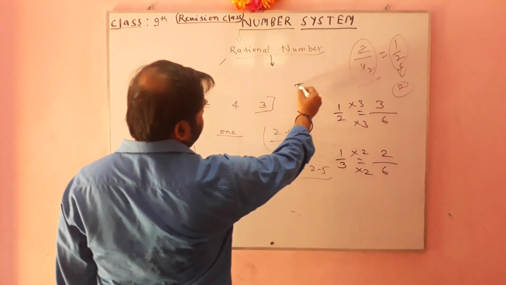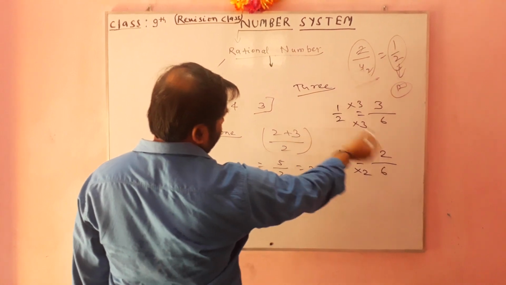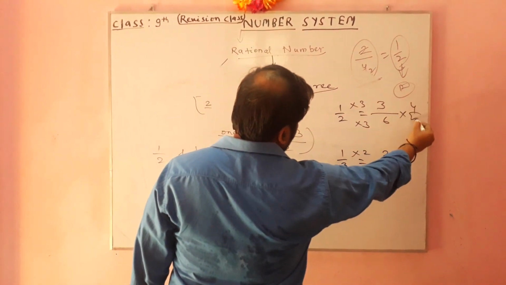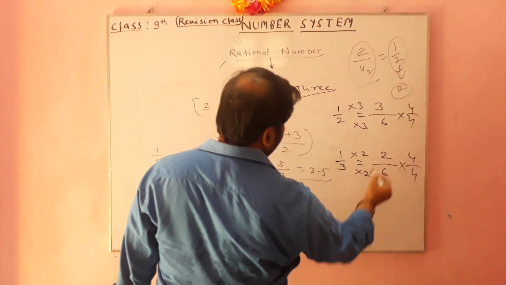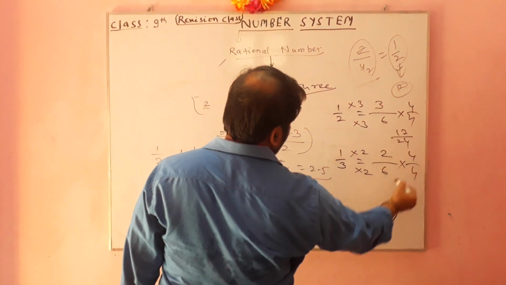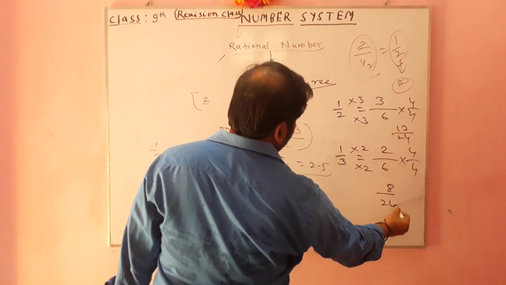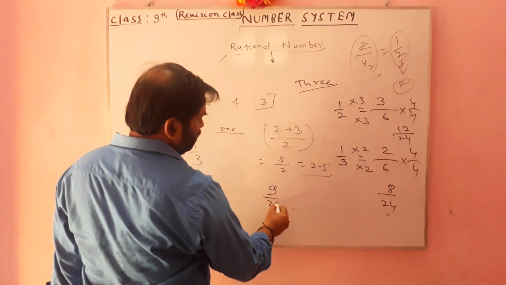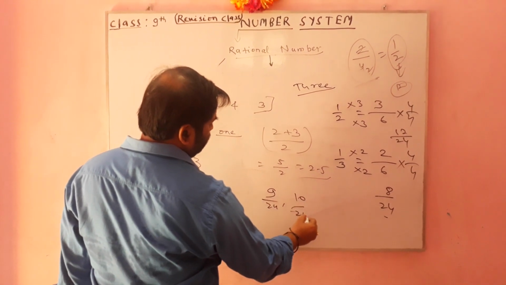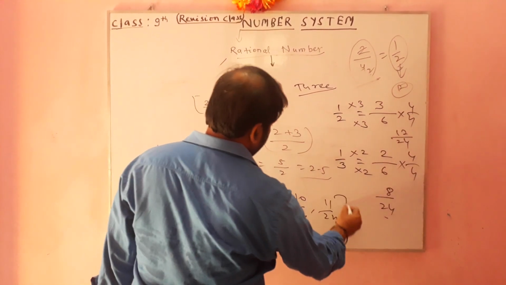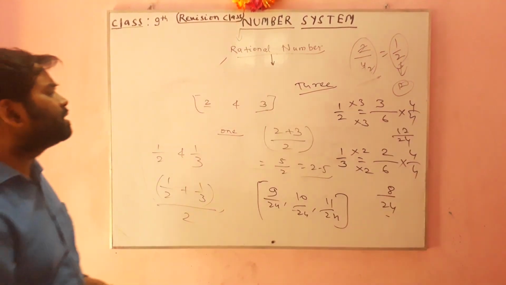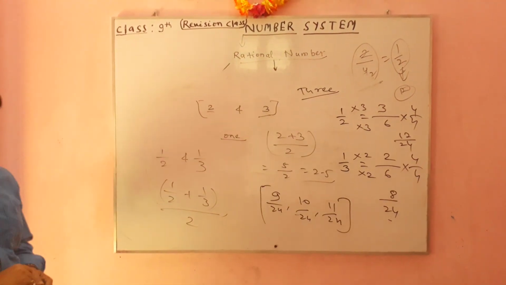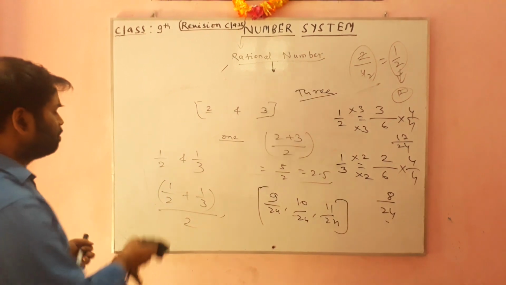I need here 3 rational numbers, so multiply by 4 by 4, which gives 12 by 24 and 8 by 24. So the numbers between are 9 by 24, 10 by 24 and 11 by 24. These are the methods to find rational numbers between two numbers.